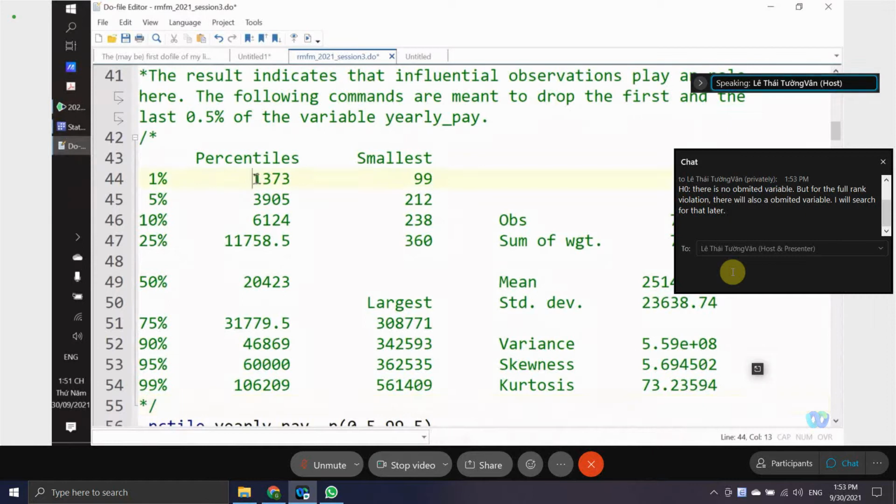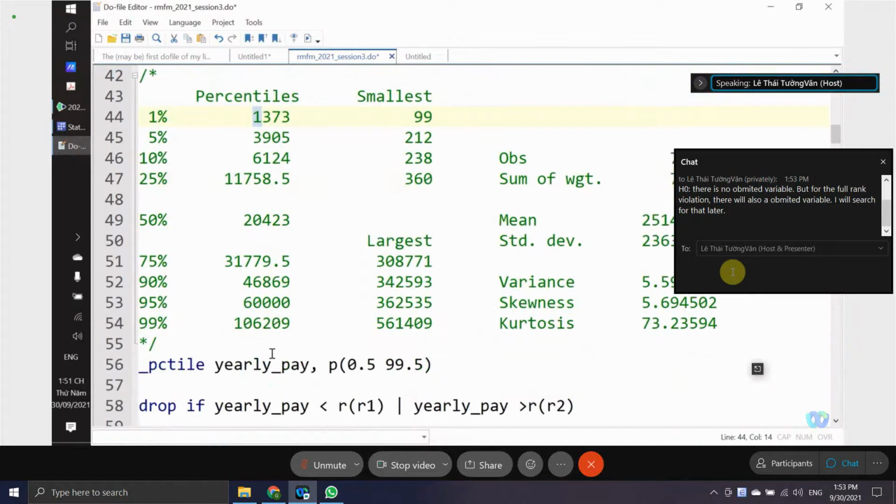This is in thousands. So the bottom 1% of the distribution has an income of only 1.3, almost 1.4 million per year. That's quite small. And some people have an income of about 106 million per year. This is the data in 2010.